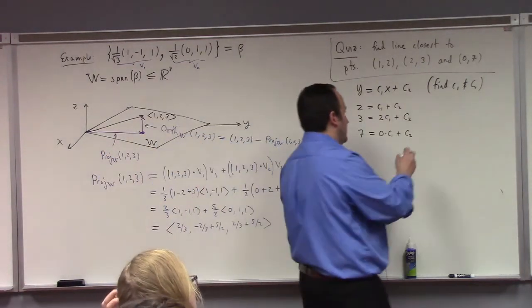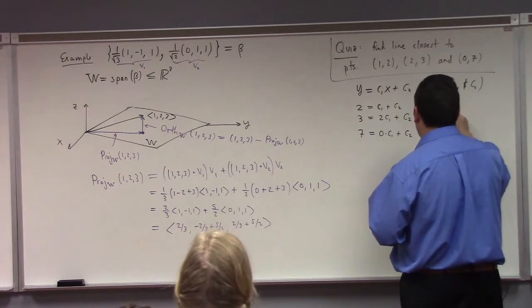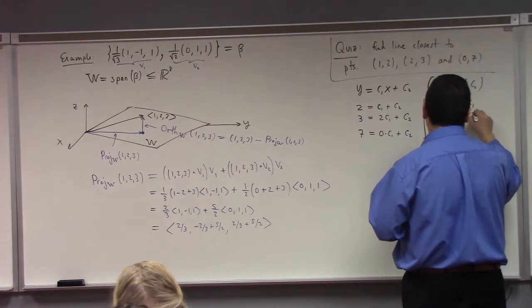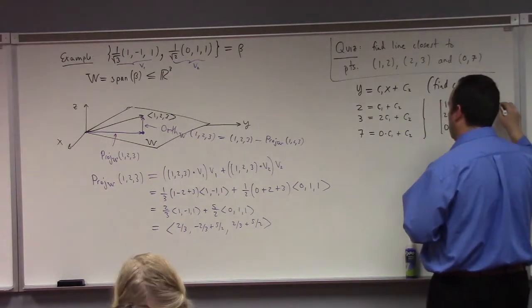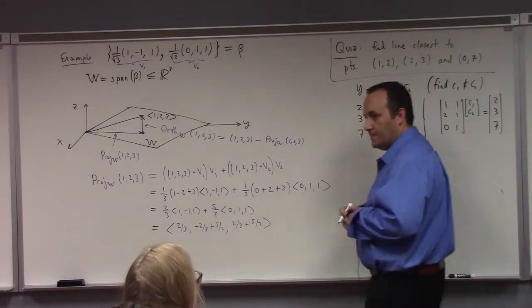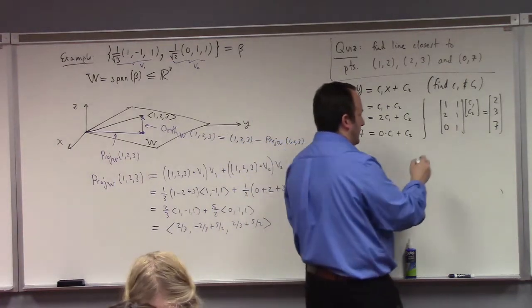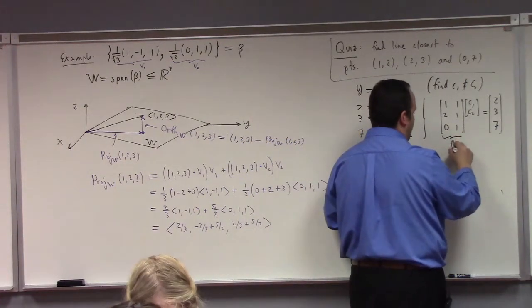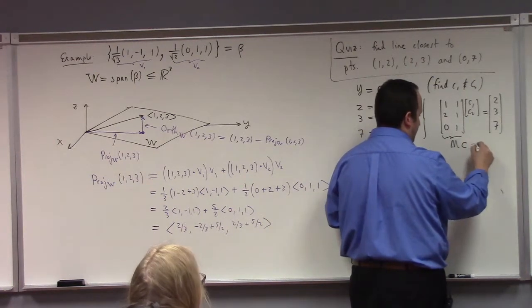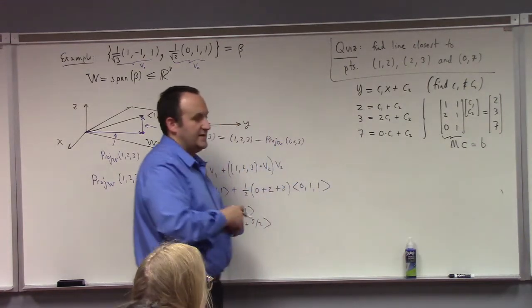So all we can do is take this problem and trade it for the following: the matrix with rows (1, 1), (2, 1), (0, 1), times (c1, c2), equals (2, 3, 7). I call this matrix M, so this is Mc equals B. That's an inconsistent system.